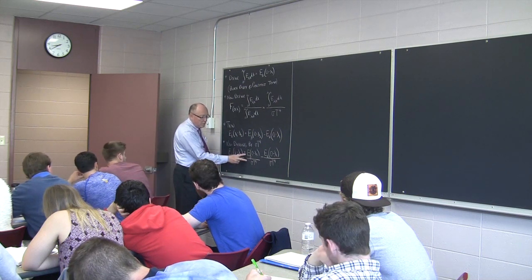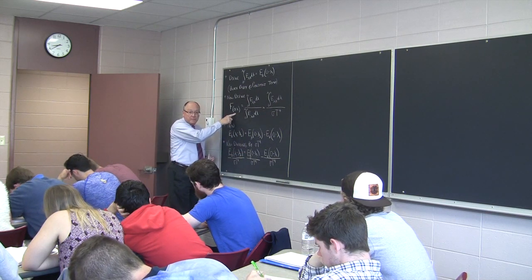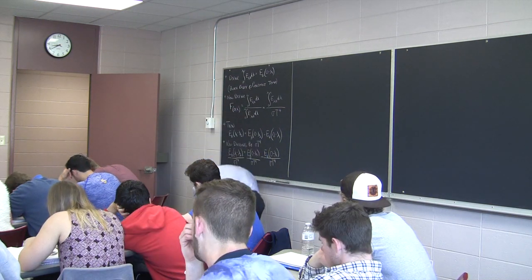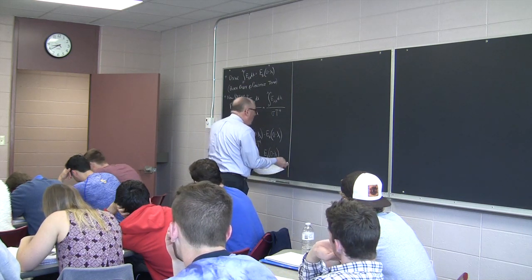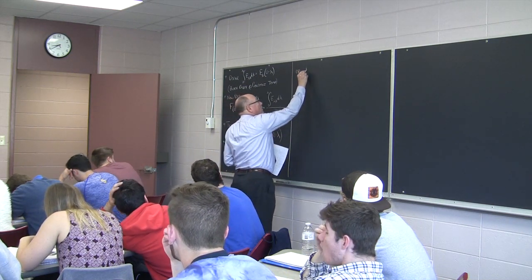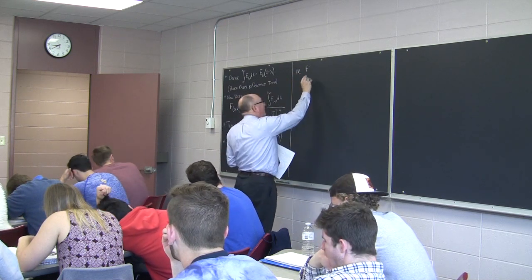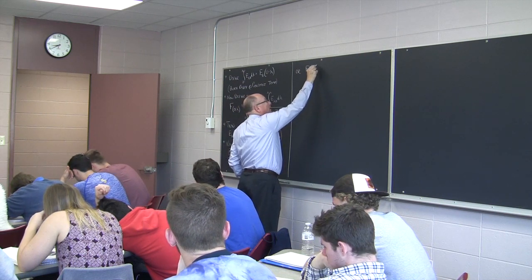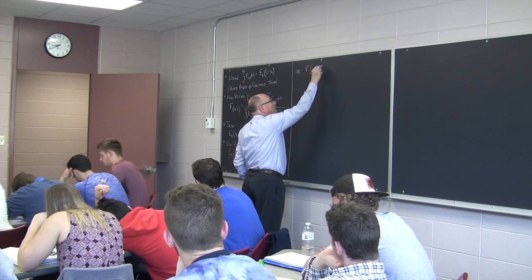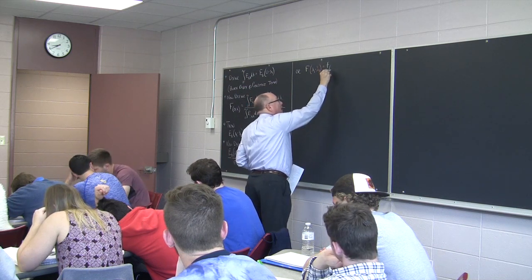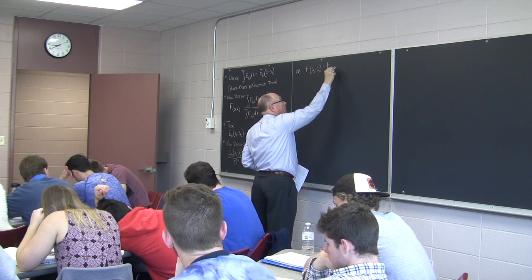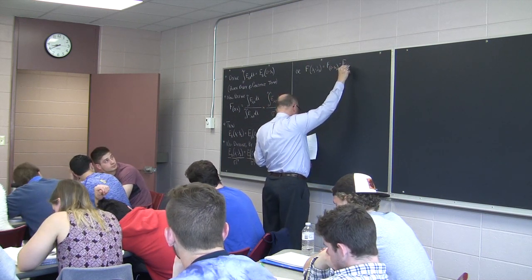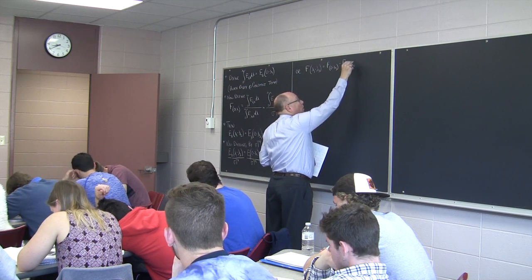What's this? This is this fraction. Or we can say that this is now F from lambda 1 to lambda 2 is equal to F from 0 to lambda 2 minus F from 0 to lambda 1.